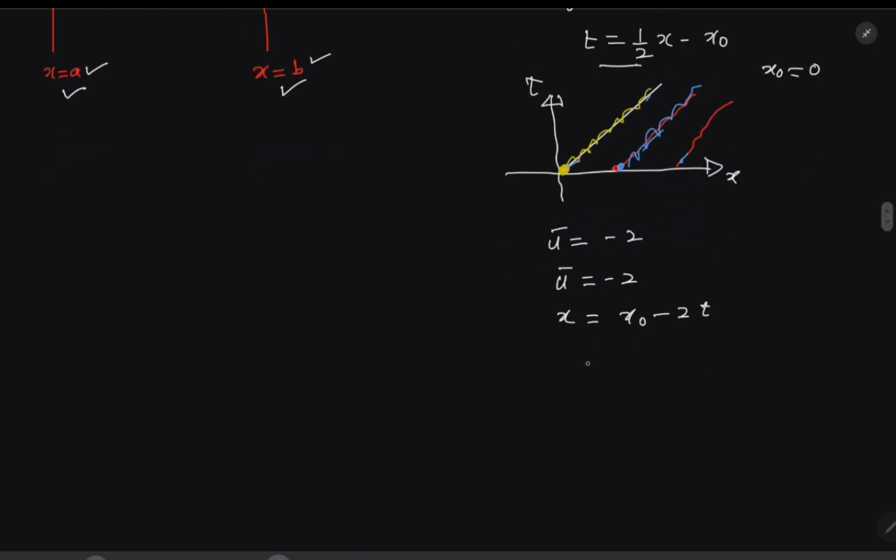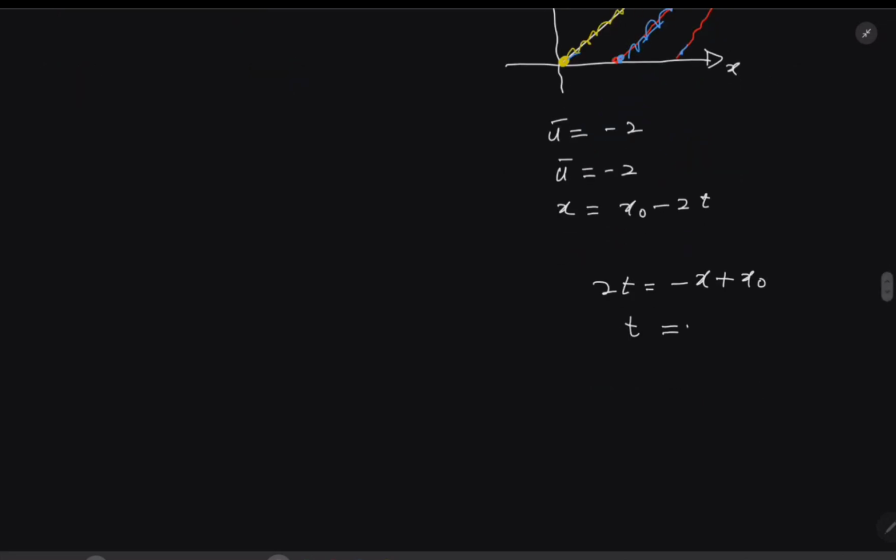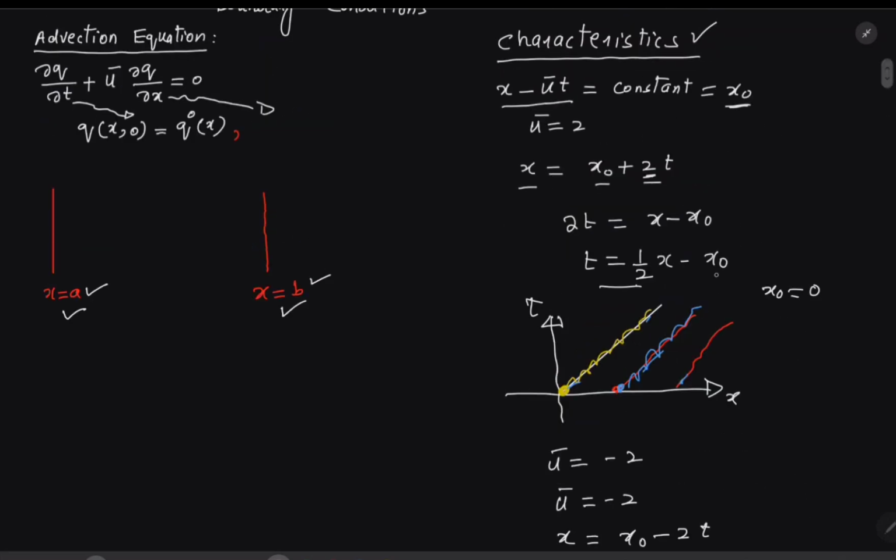If we solve it for t, t will be equal to minus 1 by 2 x plus x naught by 2. Okay, I think I made some mistake over here.